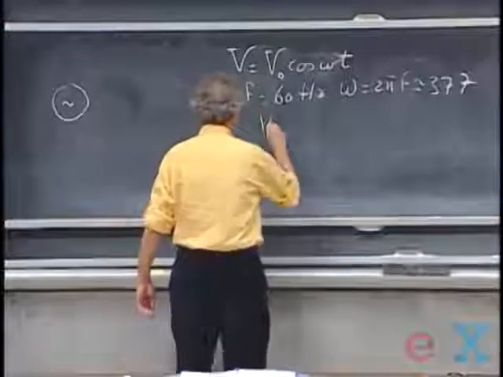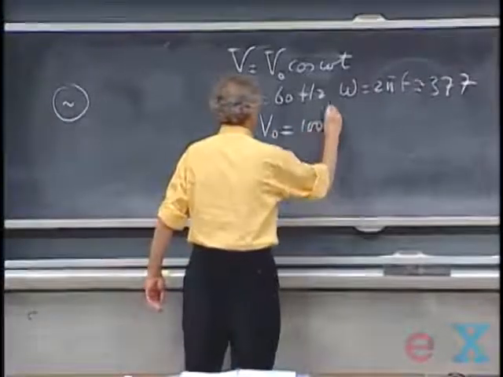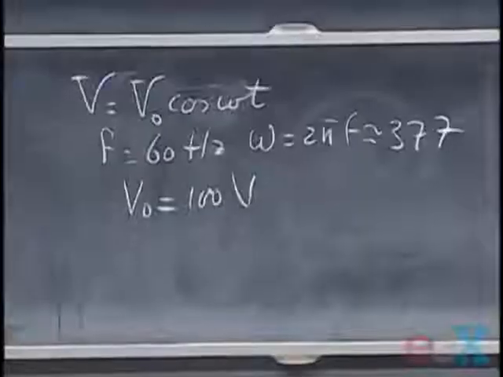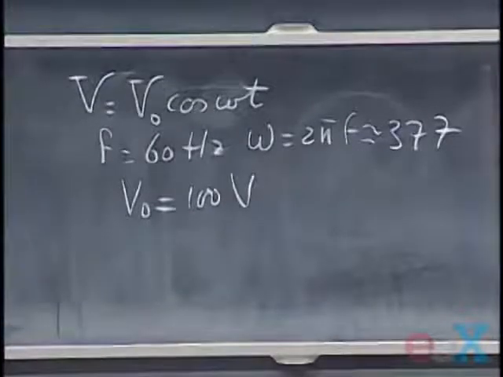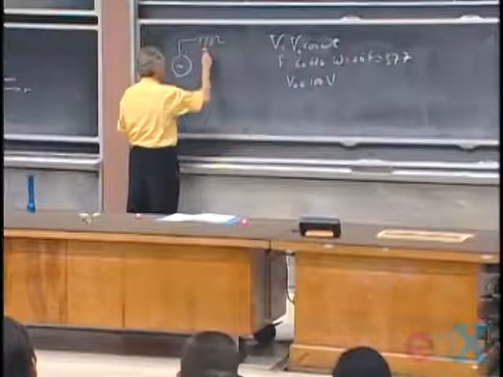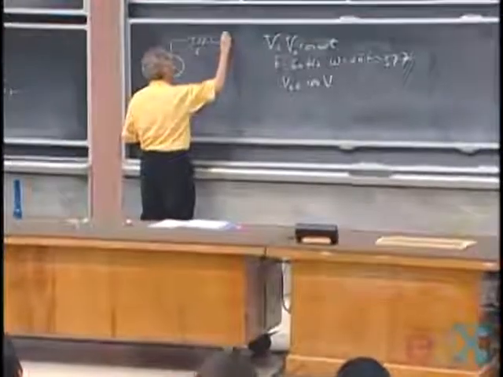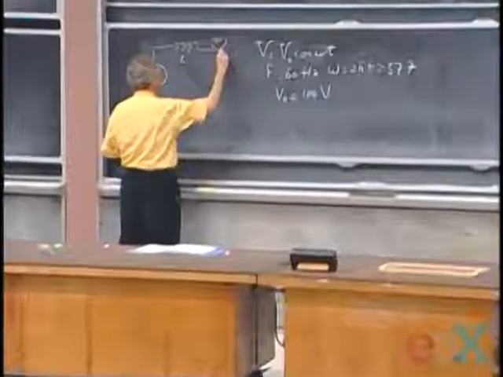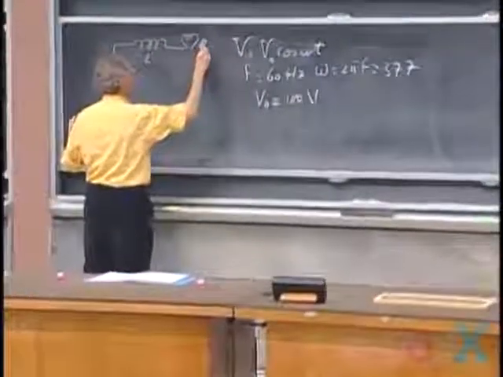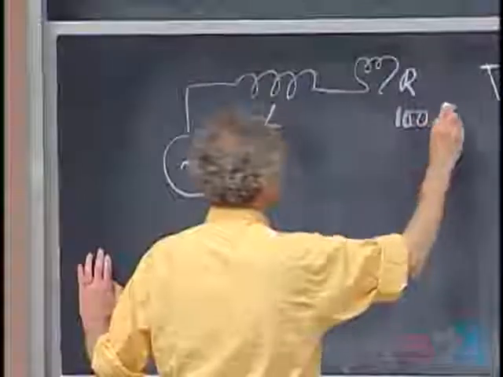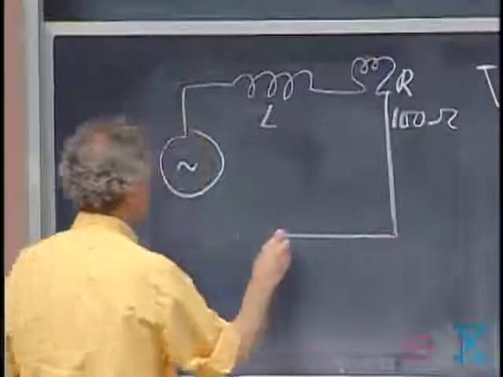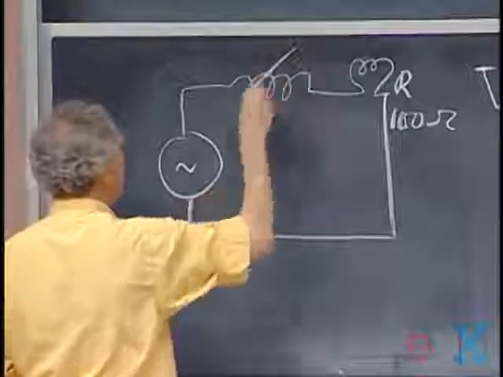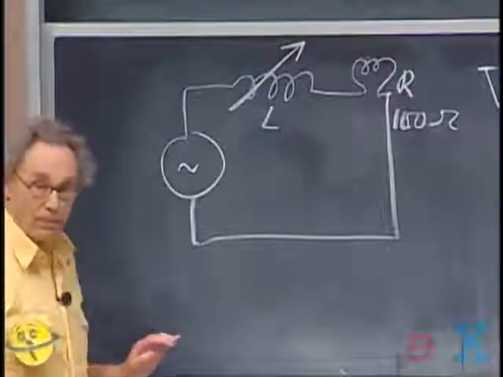And V0, in this case, is 100 volts. And we have here a self-inductor, and here we have a light bulb, and the light bulb has a resistance of 100 ohms. And this self-inductor is variable.